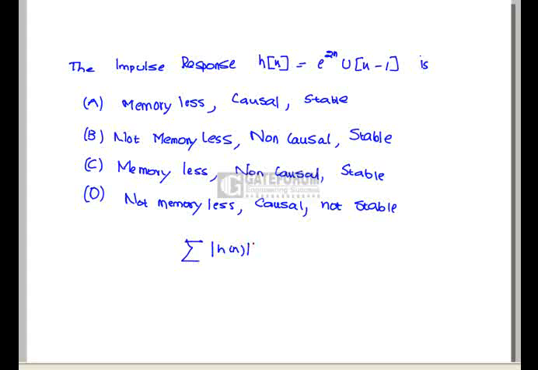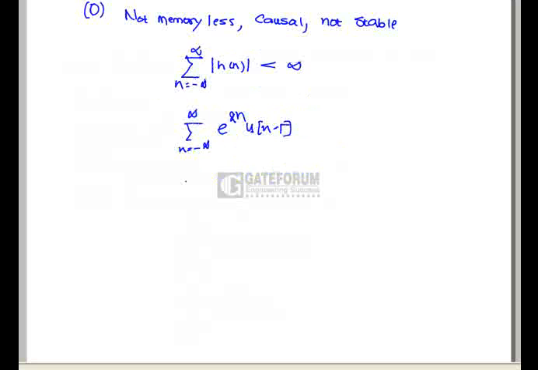absolutely, that is, this summation should be finite. Here if we substitute, sum from n equals minus infinity to infinity of e^(2n) u of n minus 1, that is, sum from n equals 1 to infinity of e^(2n), this we can write as e^2 times sum from n equals 0 to infinity of e^(2n).